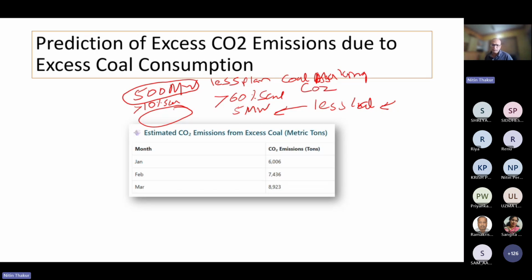So this was the kind of luxury that they were getting once they get into this.